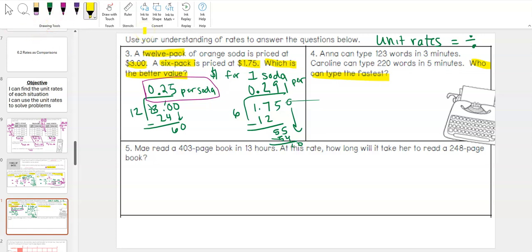All right. Anna can type 123 words in 3 minutes, and Caroline can type 220 words in 5 minutes. Who can type faster? Again, I'm trying to find unit rates. I want to know who can type how many words in 1 minute, and then I can compare. So I'm going to do words divided by minutes.